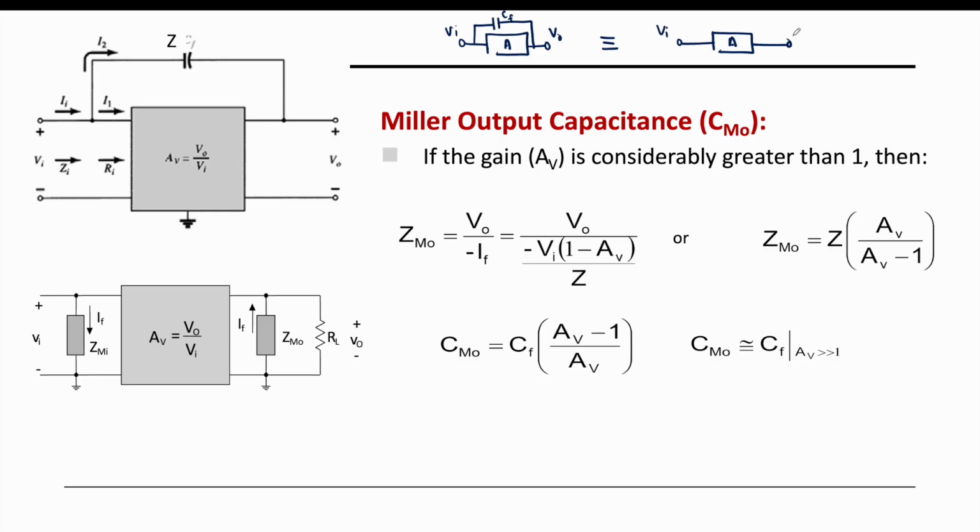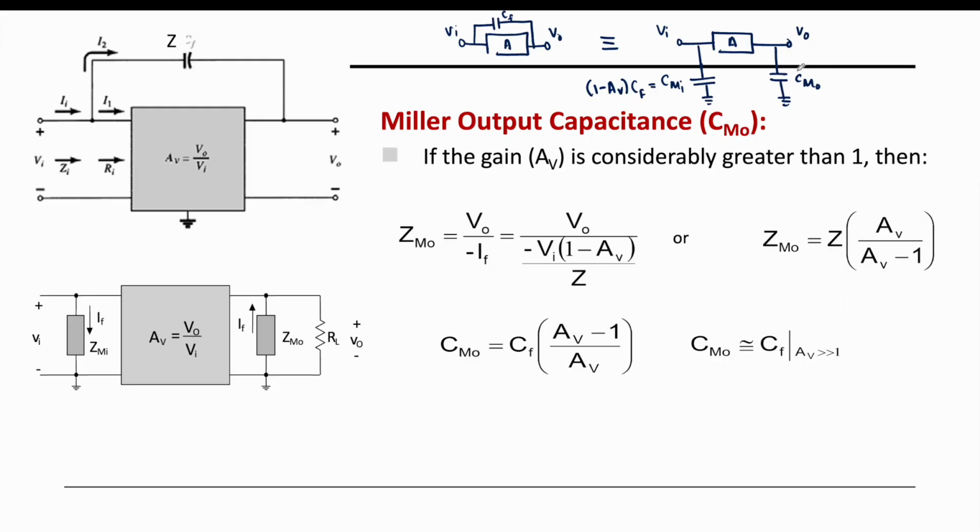We have input, we have output, and we have CMI and CMO. CMI we have calculated just now is equal to 1 minus AV multiplied with this CF.